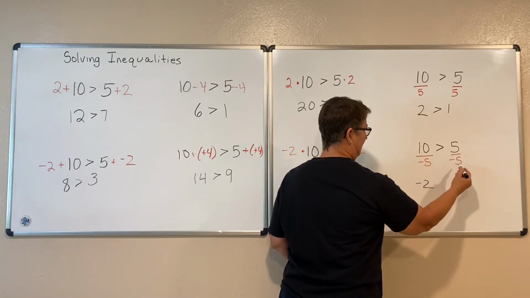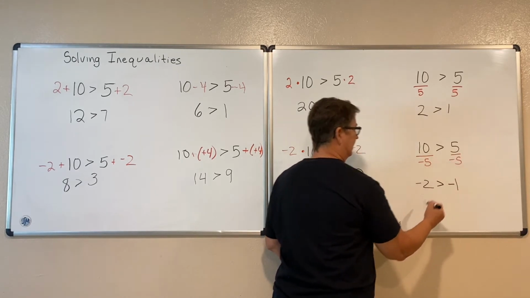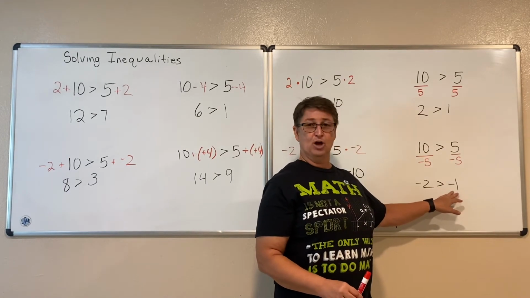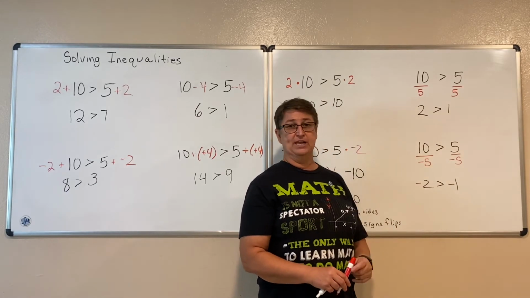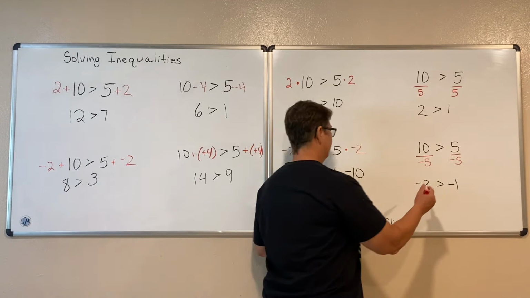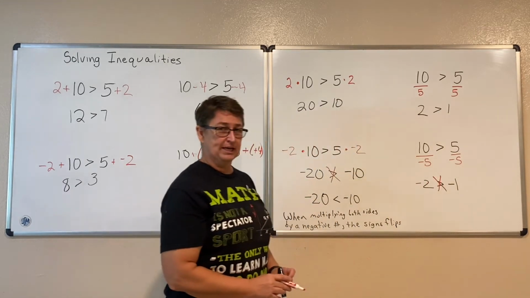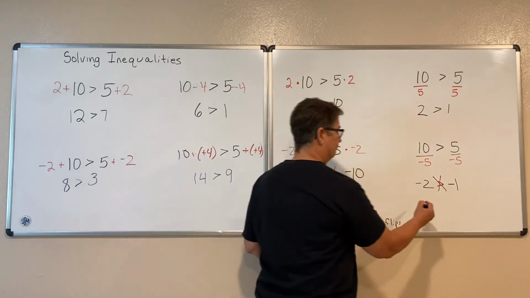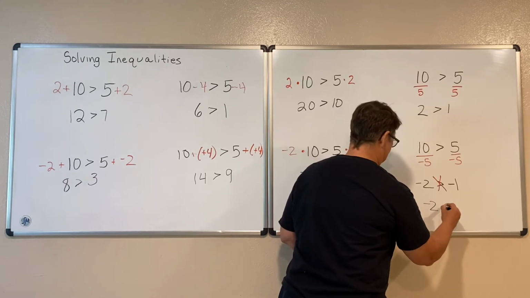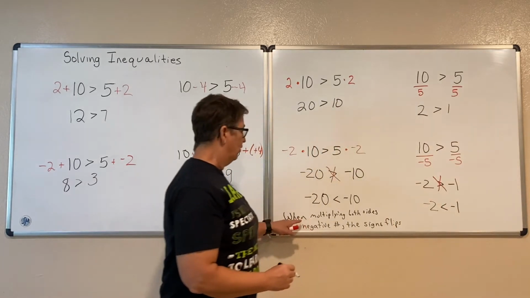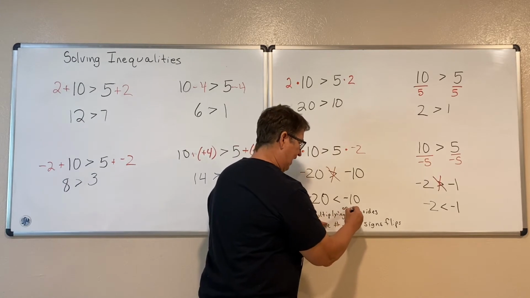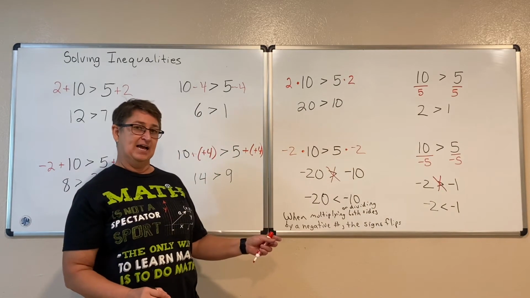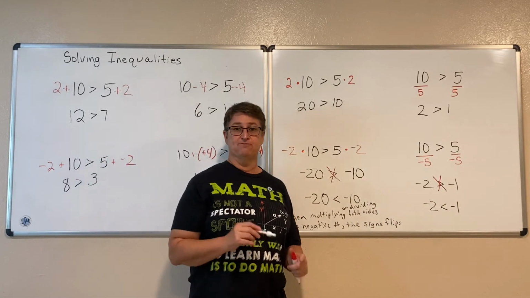And 5 divided by a negative 5 gives me a negative 1. Is negative 2 greater than negative 1? No, negative 2 is to the left of negative 1. It is not bigger than negative 1. This is not a true inequality. So again, when I divide by a negative number, I have to flip my inequality. So when multiplying or dividing both sides by a negative number, the inequality sign needs to flip.